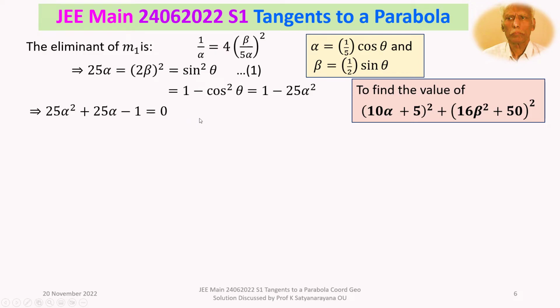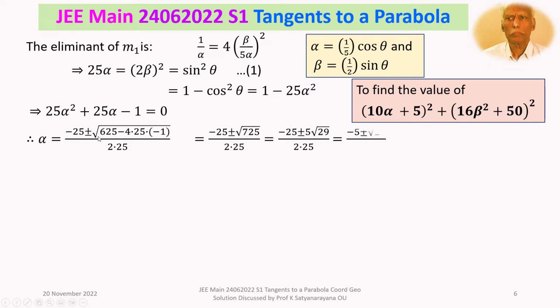Now the value of alpha you can obtain here. Alpha is equal to minus b plus or minus under the square root of b square minus 4ac, by 2a, and that will be minus 25 plus or minus under the square root of 25 square minus 4 times a, that is 25, into c, that is minus 1, by 2 into a, that is 25.